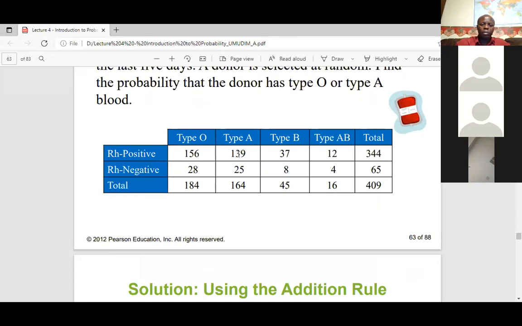In a similar way, if you add this and this, you get 164, and so on and so forth. Then at the end of the day, if you add all of this, 184 plus 164 plus 45 plus 16, you get 409. You can double check this in your calculator. Also, if you add 344 plus 65, you get 409. That's why we call this part the grand total.